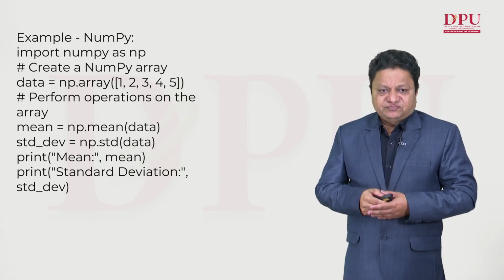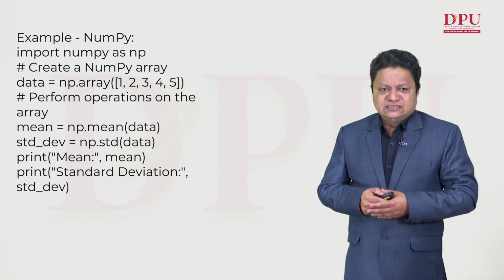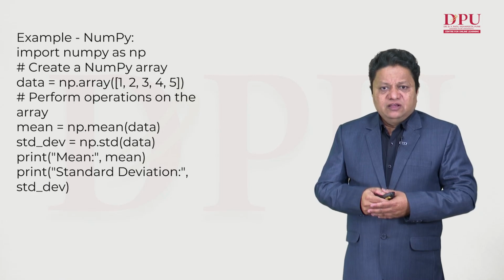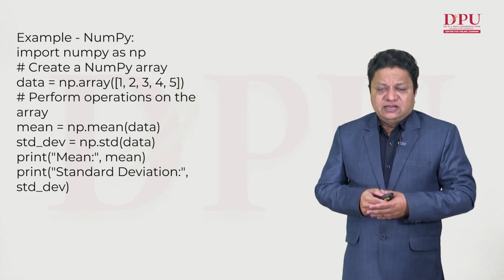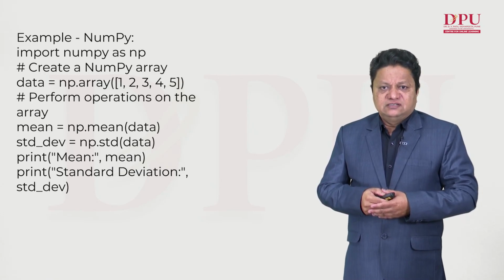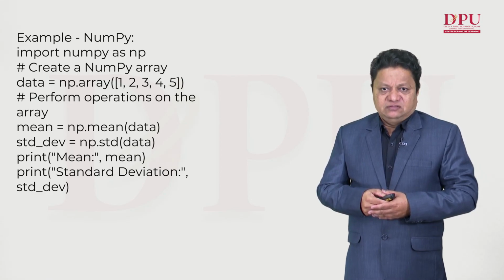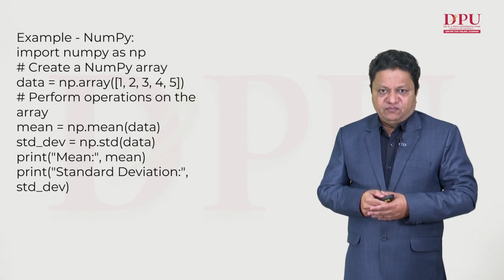For example, import numpy as np. np is the instance of NumPy. So, here we have imported the library NumPy as np. Now, I can refer to all the functions of NumPy by referring to np dot function name.